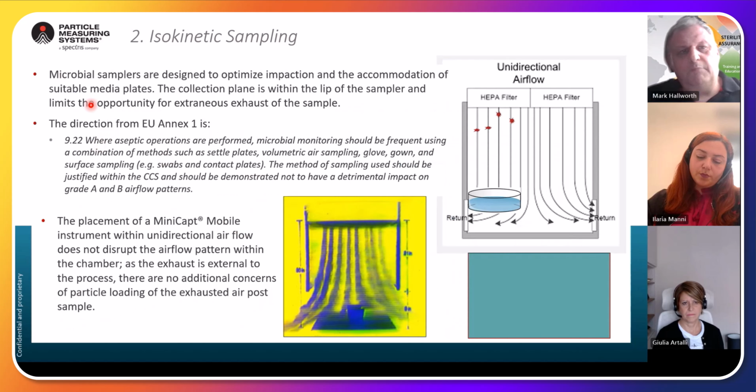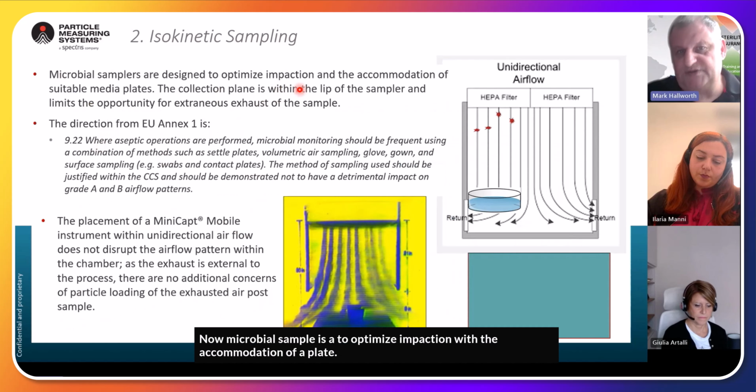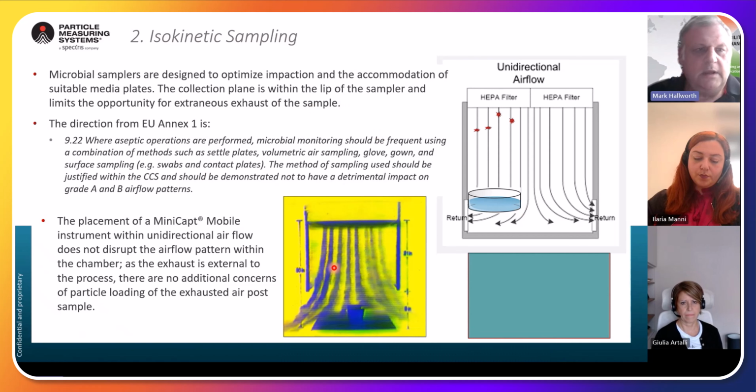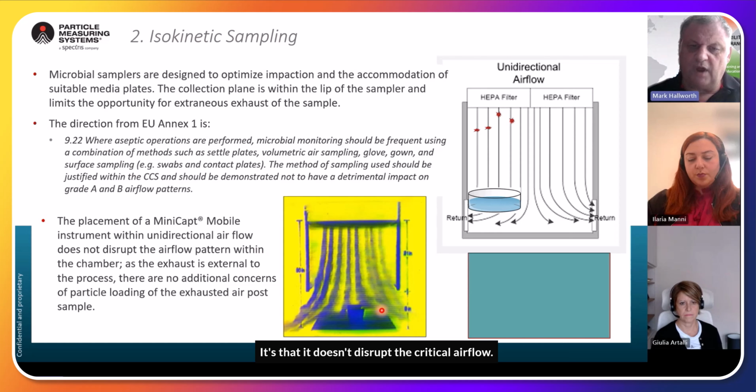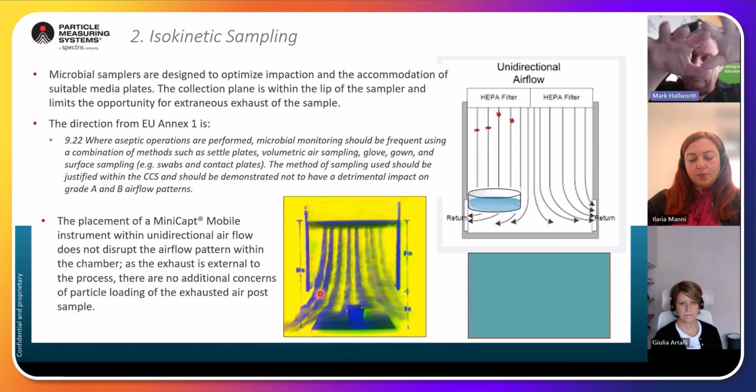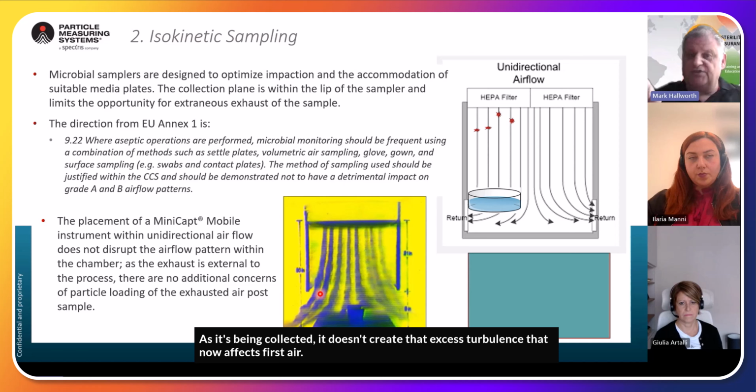Now, microbial samplers are designed to optimize impaction with the accommodation of a plate. So the direction from Annex 1 isn't that isokinetic sampling is critical, it's that it doesn't disrupt the critical airflow. As it's being collected, it doesn't create that excess turbulence that now affects first air.